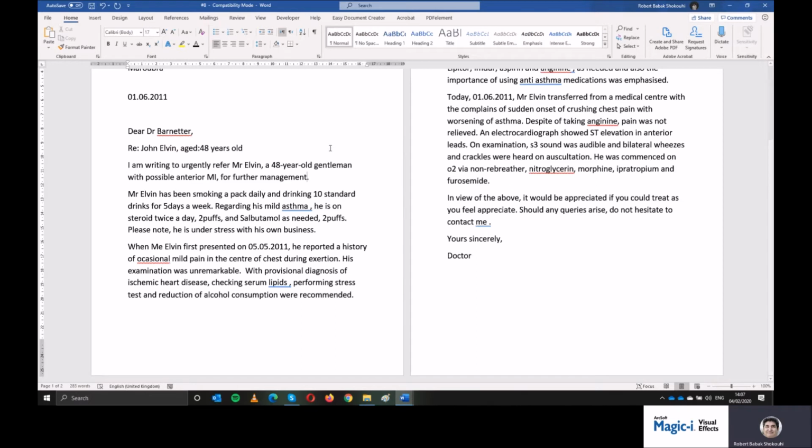Mr. Elvin has been smoking a packet daily and drinking 10 standard drinks, 5 days a week. Regarding his mild asthma, he's on steroid twice a day.